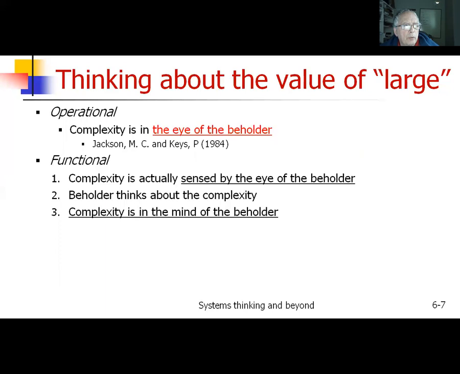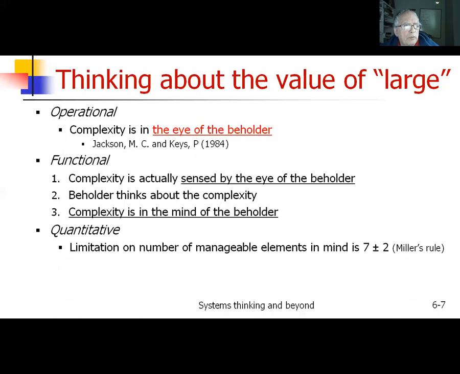Can we do anything with that? Well, from the quantitative perspective, we find Miller's rule. George Miller, again in psychology, pointed out that the limitation on the number of manageable elements in the mind is 7 plus or minus 2.